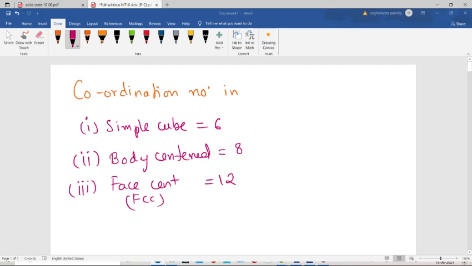Each edge has one sphere, at the points A, B, C, D. So for the edge spheres, there are 12 edges, and at each edge the contribution is 1 by 4. So how many are there? 3.